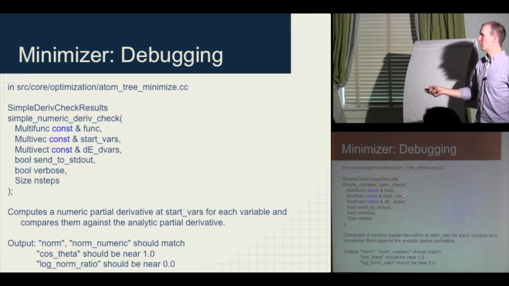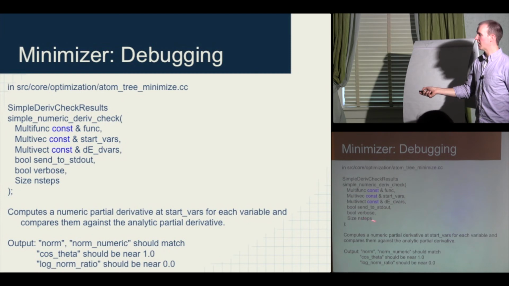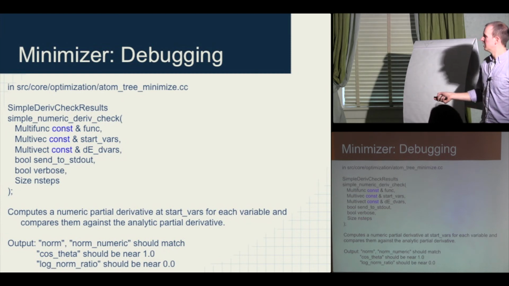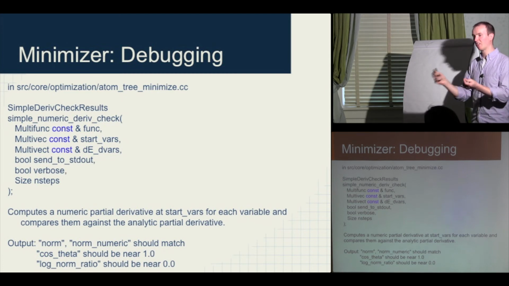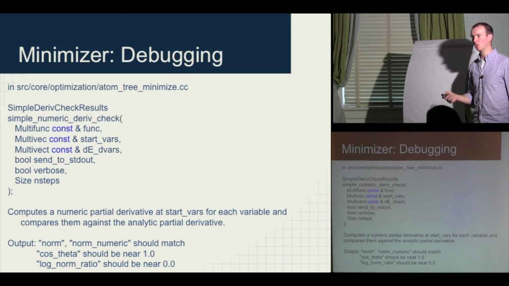It takes the function at a particular set of values, multifunc, the start vars, the derivatives at the start vars, and then this Boolean of whether or not to send the output to standard out, whether to be very verbose about it, and the number of steps to take. It computes the partial derivative by stepping to the left and right of each of the values in the start vars, and then computing a numeric change in the derivative. And so it's very slow.